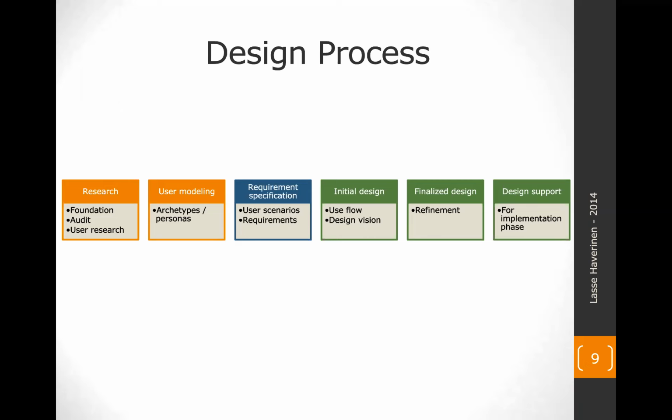Typically, you have the same kind of activities depending on the development process, but the order of the activities might be a little bit different, or how many times they are done. But this is one example. So typically, we are talking about the design process, not the whole implementation process, when you start creating a new application.